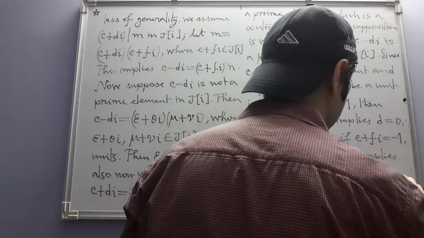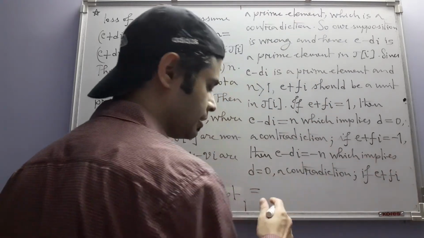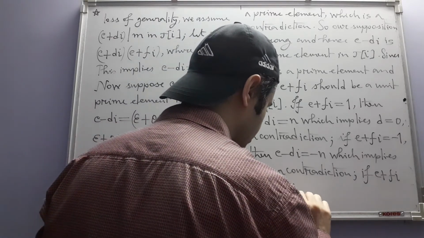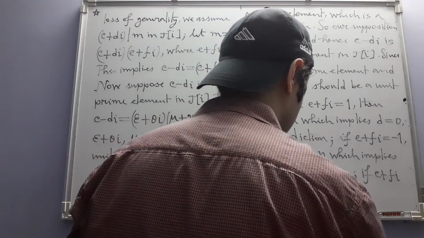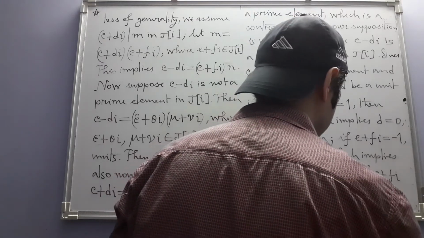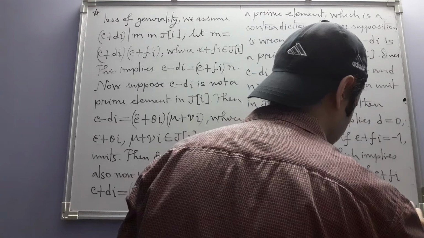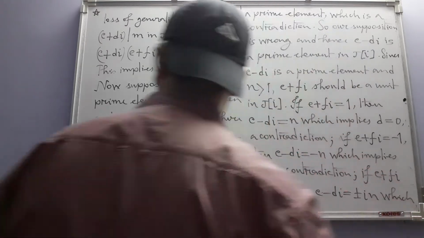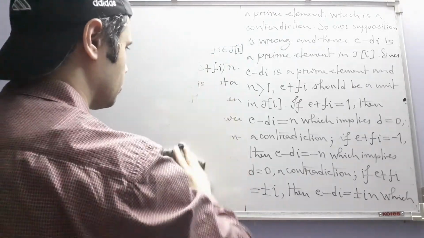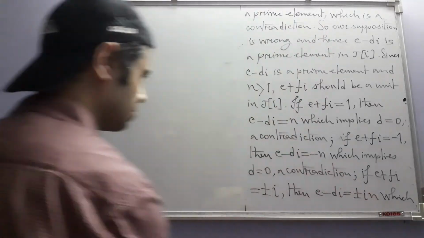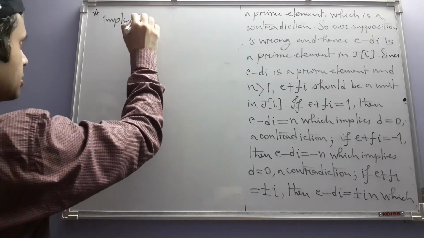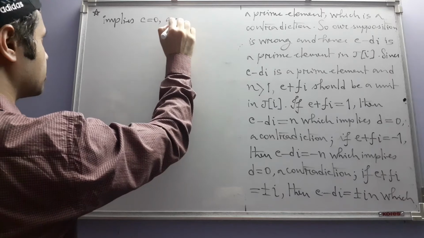If e plus fi, let me write the other two cases together, plus minus i, then c minus di is equal to plus minus in, which implies now c is equal to 0, which is again a contradiction.